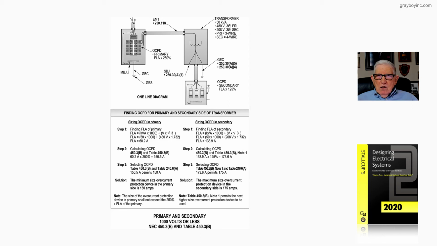the secondary overcurrent protection device using the 250% rule and the 125% rule outlined in table 450.3(B). Now notice you can reference our chapter 9 and look at figure 9-13 and go through that series of figures, and we will size the secondary transformer conductors using the tap rules of 240.21(C).